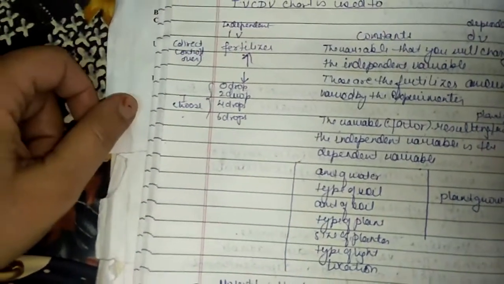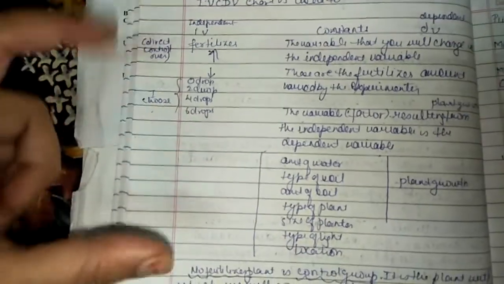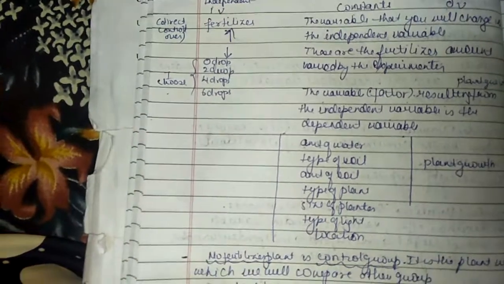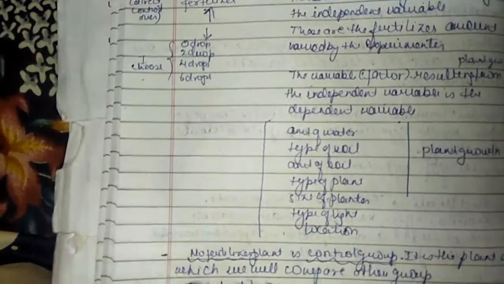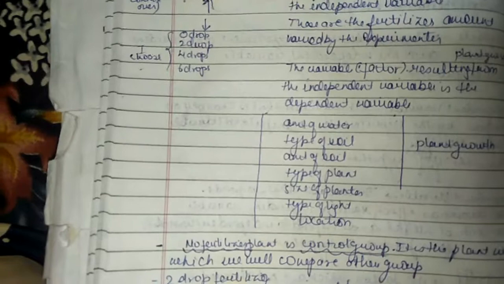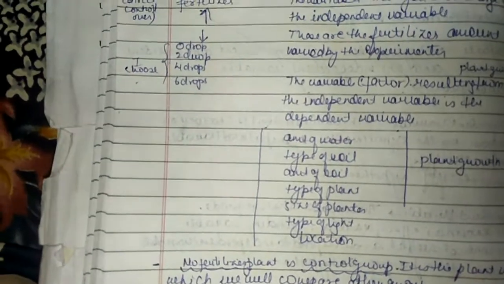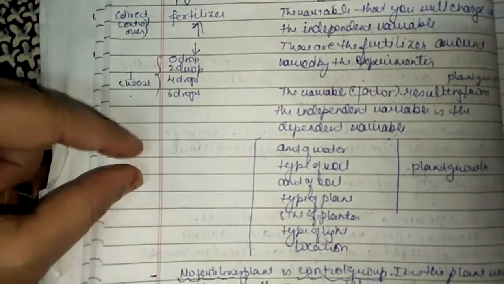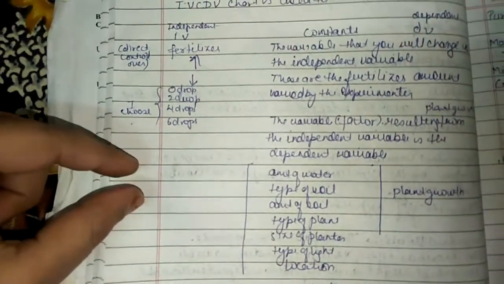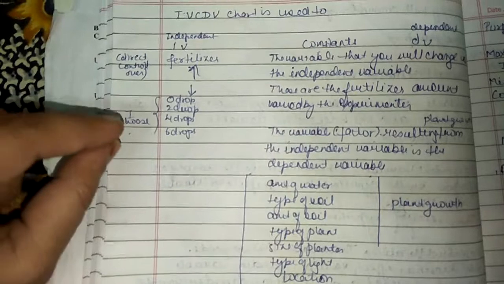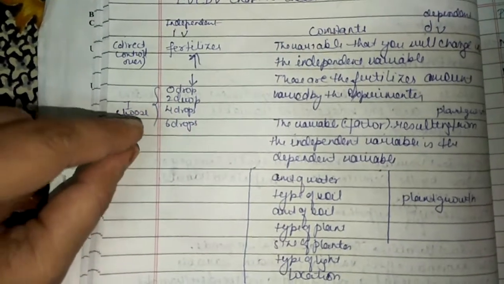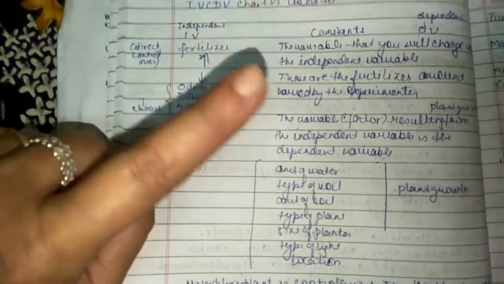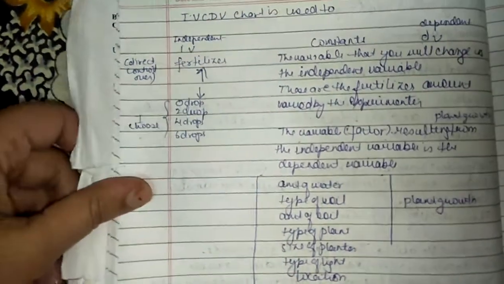Being an experimenter, now what will I study in this particular experiment? Firstly, I have to form a control group. The control group would be that particular plant in which no fertilizer is being used. Now, in this particular experiment, we are going to study and compare that if a particular amount of fertilizer is being used, then what would be the effect of that fertilizer on a plant's growth.